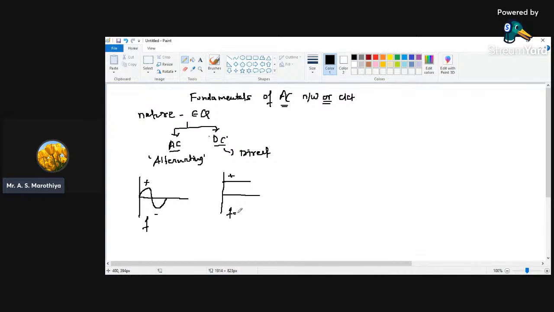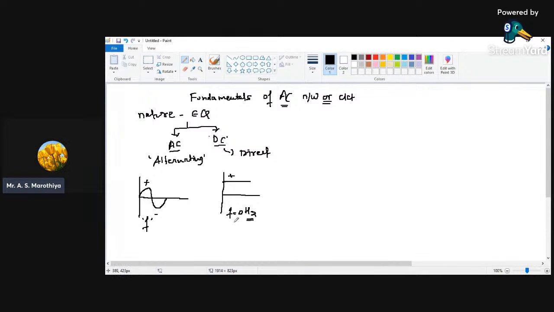So in case of DC, the frequency is going to be what? 0 hertz. So here hertz is the unit for frequency. So in case of AC, whenever we are dealing with alternating quantity, we need to deal with frequency. And whenever we are dealing with a DC quantity, the frequency is going to be 0.